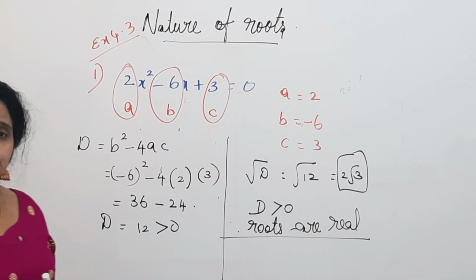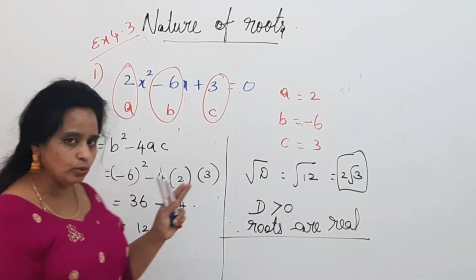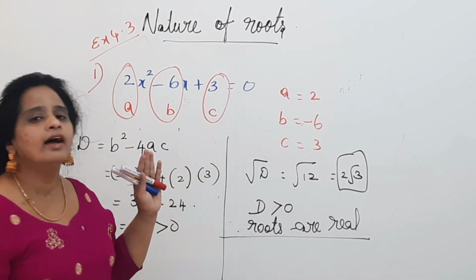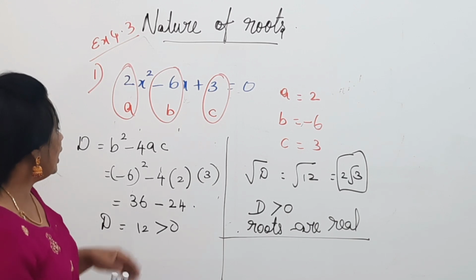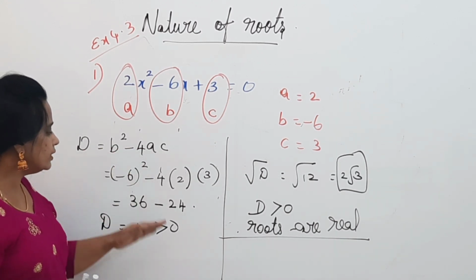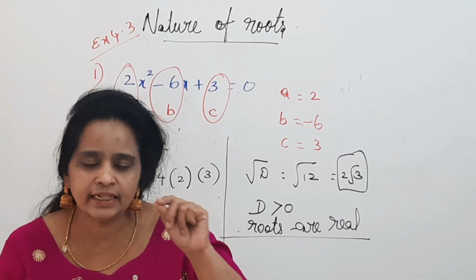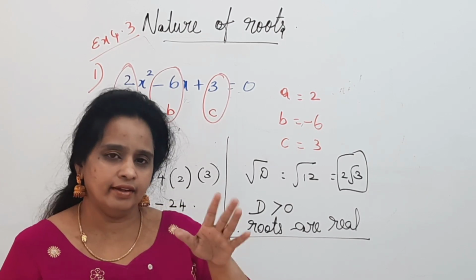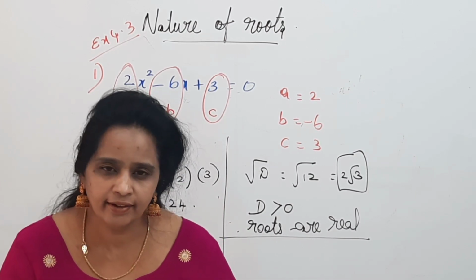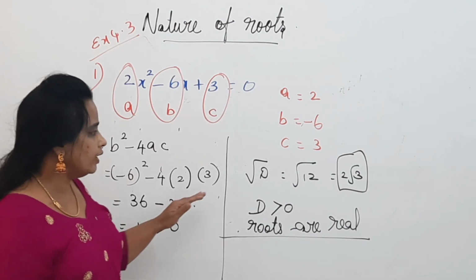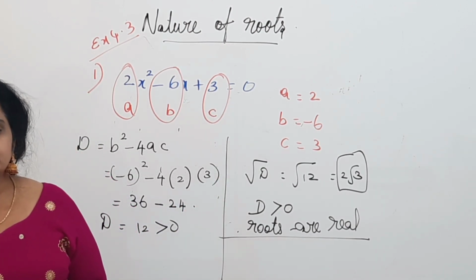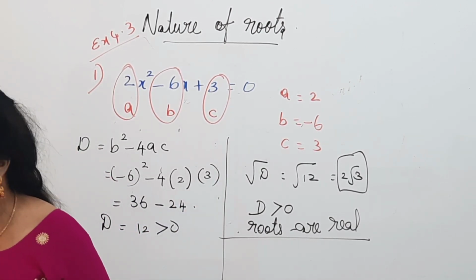So, it has two distinct roots. You will have two roots and those two roots are real. Hope you understand, b square minus 4ac is greater than 0. Then we can say that there are two distinct roots that are real. Two roots are real roots. Hope you understand this concept. So, this is what the nature of the roots is.